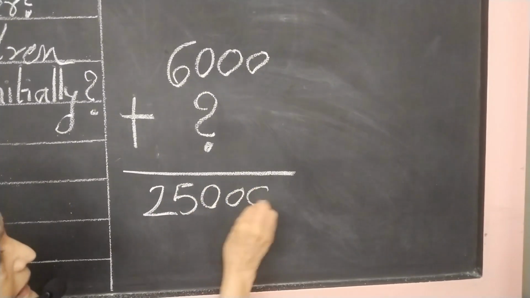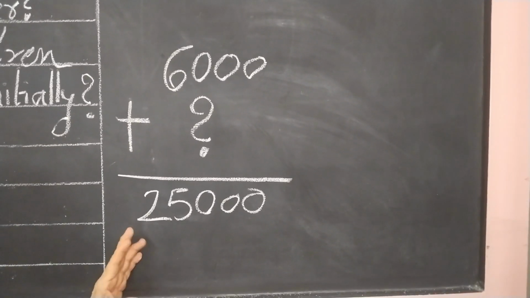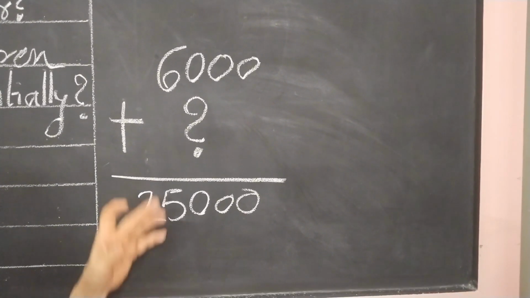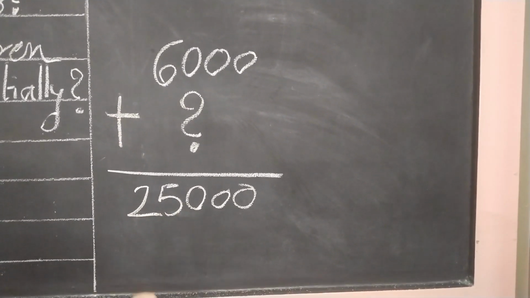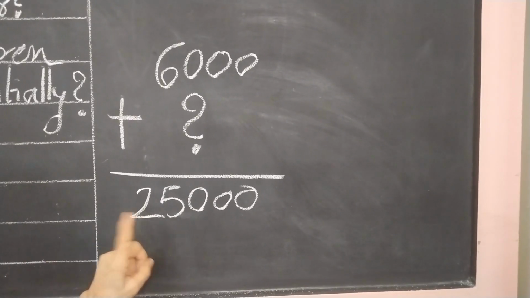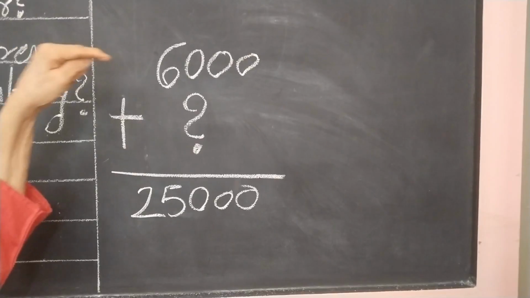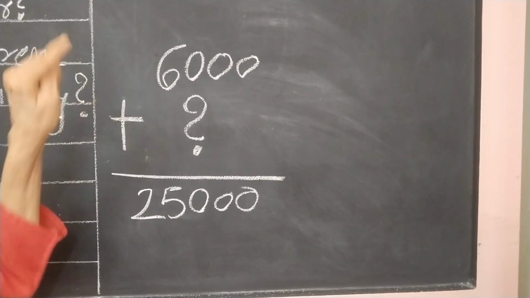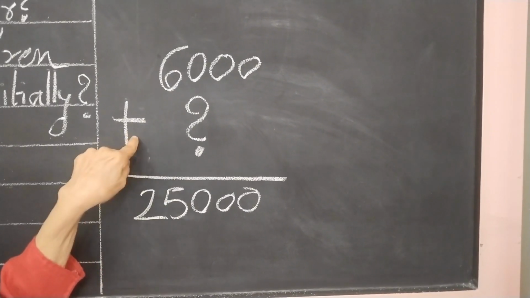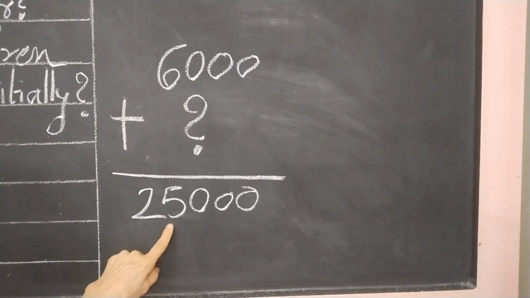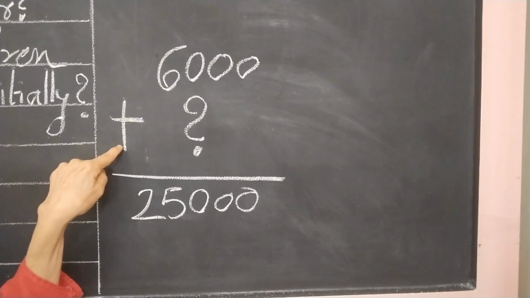So here, honey bunch, the final answer after addition is going to be 25,000 that they have told us. So the final answer is known, one quantity is known, but another quantity we have to find out, which when added will give us this number. So here it is actually plus.